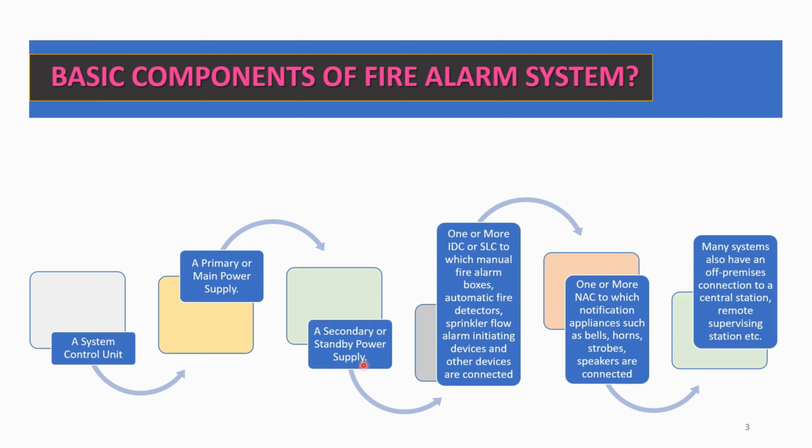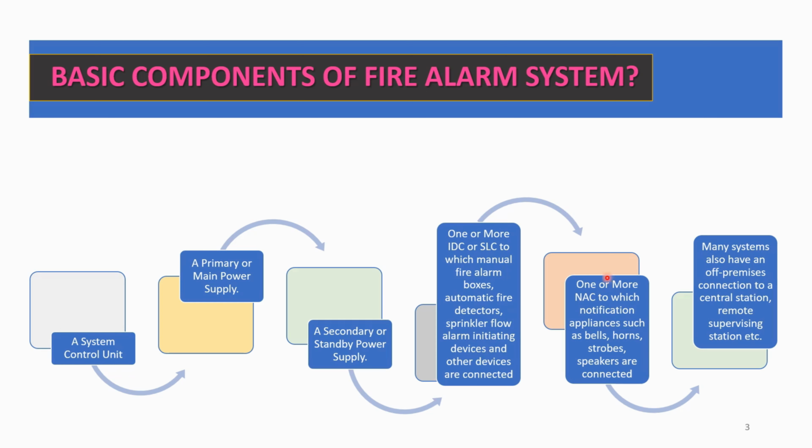So basically these three components are related to the fire alarm control panel, and here you can find IDC, which is called initiating device circuits, or SLC, signaling line circuits. Basically these circuits are connected to the smoke detectors, manual fire alarm boxes and also the sprinkler flow or alarm initiating devices.